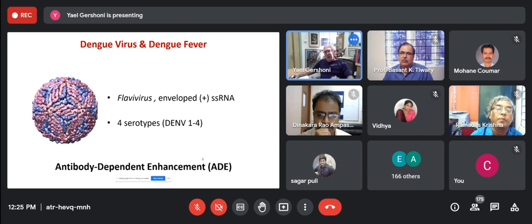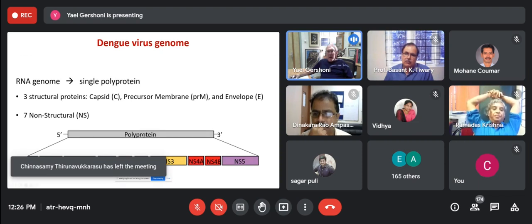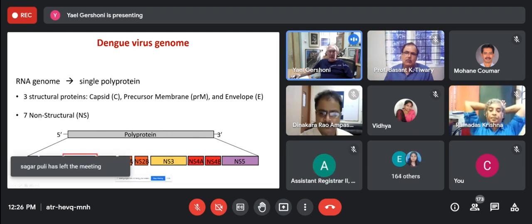And so here is work done by Chen Piller in my lab. And in fact, we are focusing here and making considerable progress. As you can see, here's the polyprotein of the dengue virus, and the E protein is the envelope.